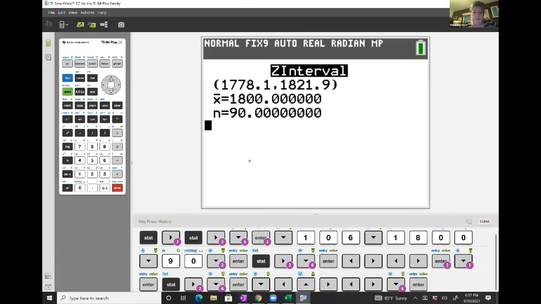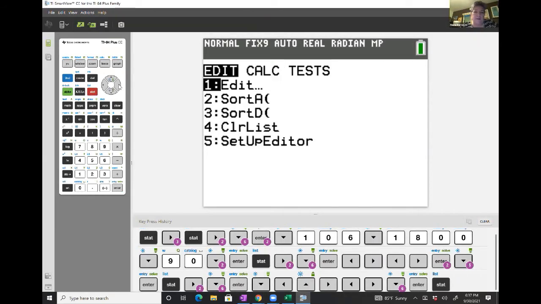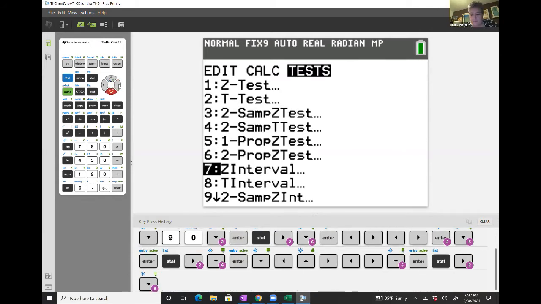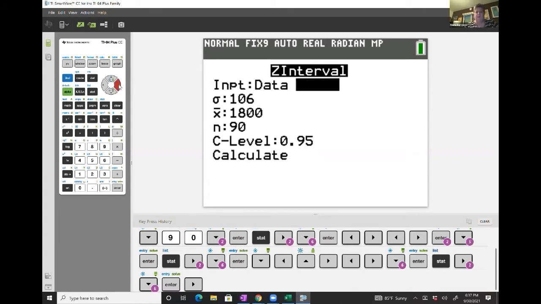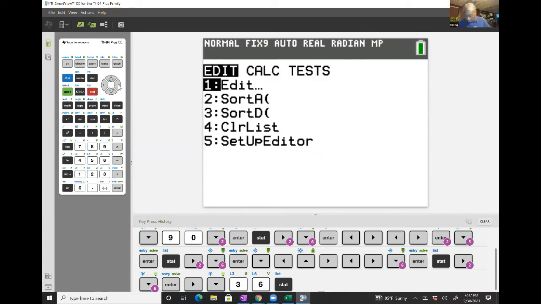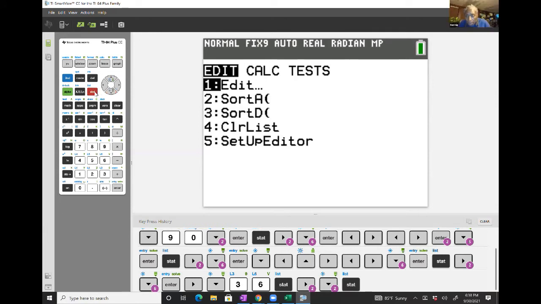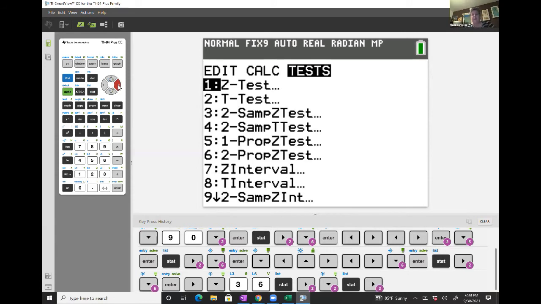So I'm going to throw this into the calculator. And you guys are going to do this on your calculators, whatever method you're using. Go to stat and go to test on the top.